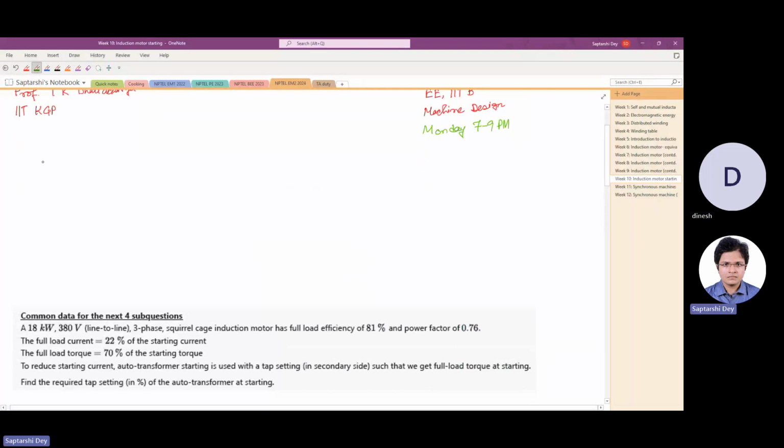See, one type of starting is rotor resistance starting. I think in the last 2 weeks we concentrated a lot on rotor resistance.